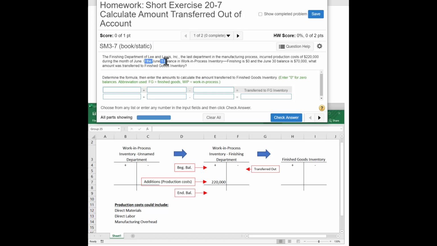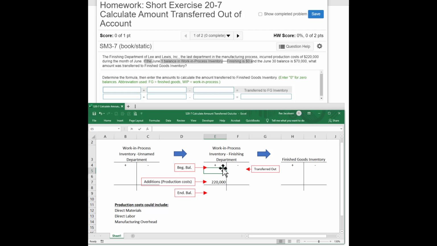Then it says the June 1 balance in work in process for the finishing department is 0. Where would we put the June 1 balance? We're talking about the month of June, so the beginning balance would go here. This is 0. So our costs to account for are $220,000 plus 0.